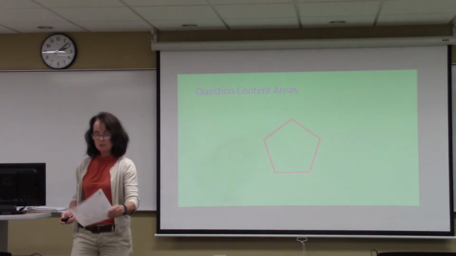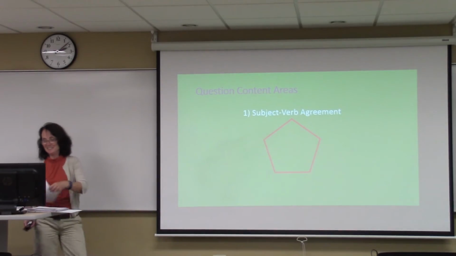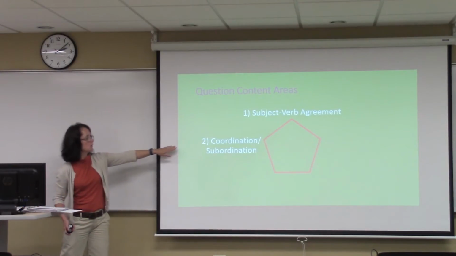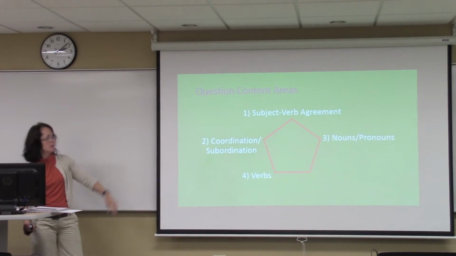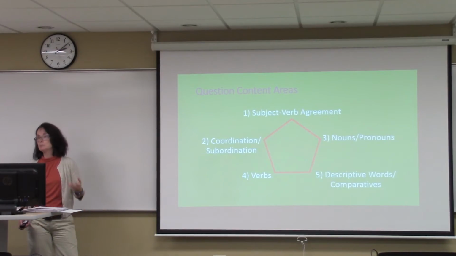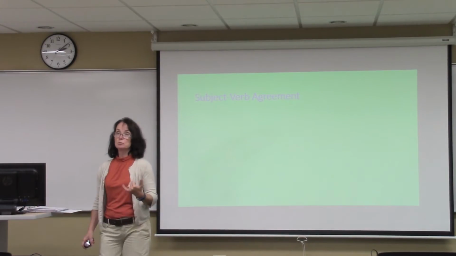The first one is called the subject-verb agreement content area. The second one is coordination, subordination, nouns and pronouns, verbs, and then descriptive words or comparatives. So, we'll begin with the first content area, which is the subject-verb agreement.